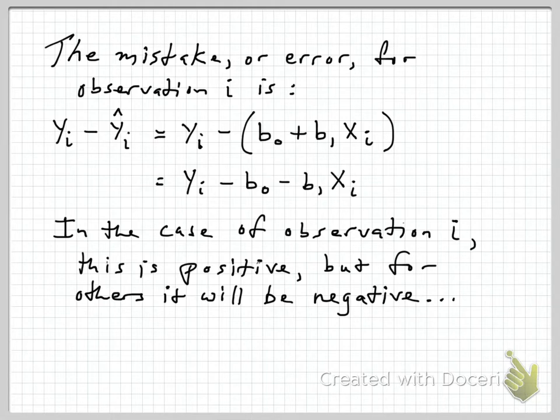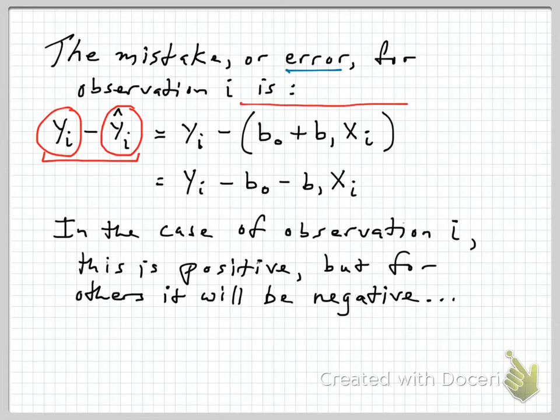So let's look at what the formula for that little mistake or error would be. The error is going to be given by this formula, and we can see that it's the vertical gap between the actual value yi and the predicted value yi hat, but the predicted value yi hat is given by the formula for the line with our values of the intercept b0 and the slope b1.